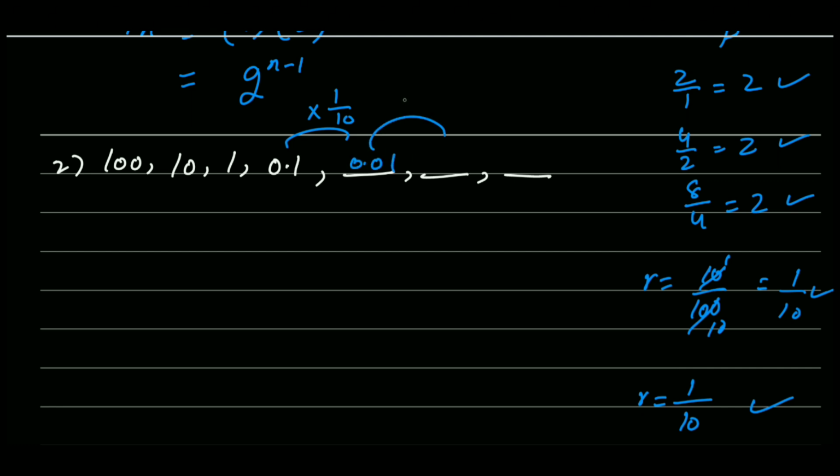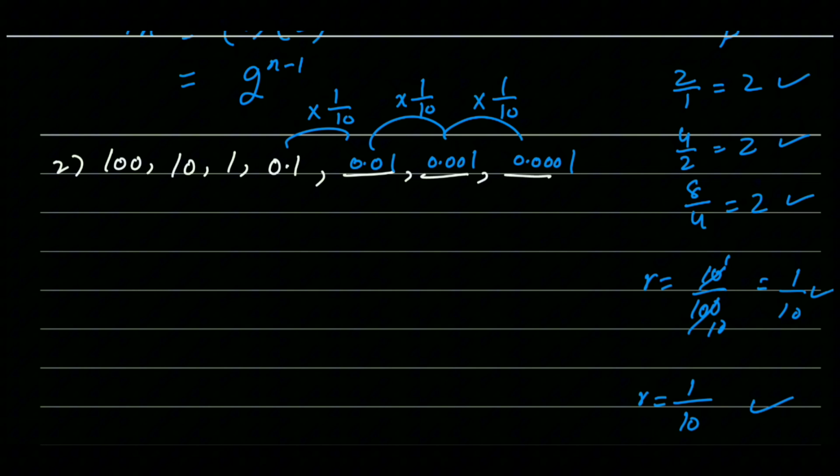If you multiply 0.01 with 1 by 10, you will get 0.001. If you multiply again with 1 by 10, you will get 0.0001. So r is here 1 by 10.